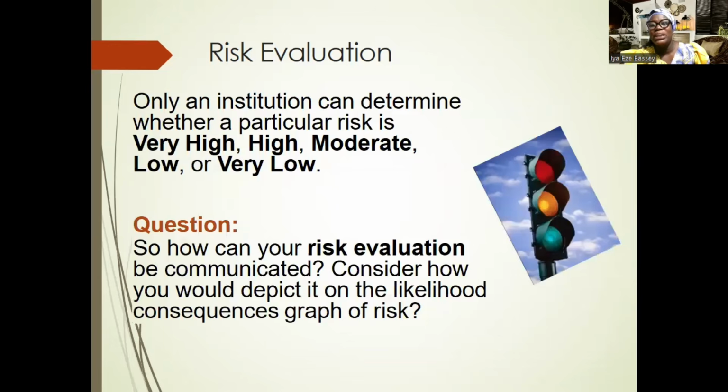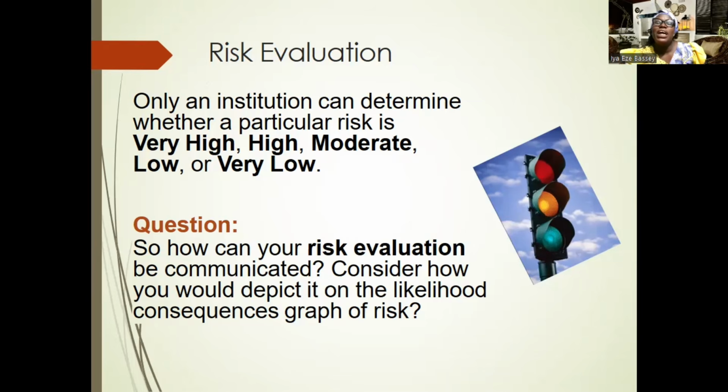And I tell you, especially when the motive is high, the community might end up burning up that institution so that they can leave. So it is only when an institution can determine whether a particular risk is very high, moderate, or low that it may be able to determine whether that risk is acceptable or not.